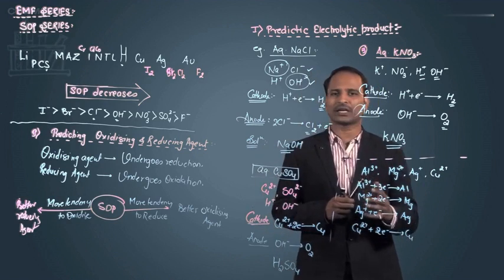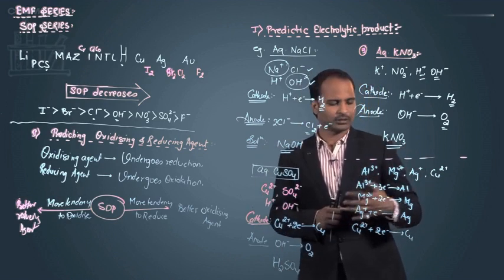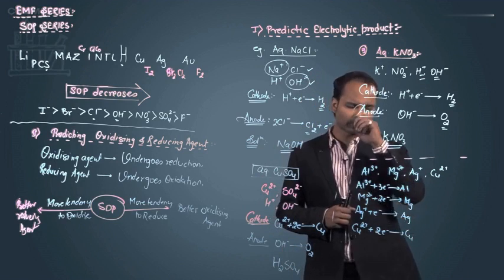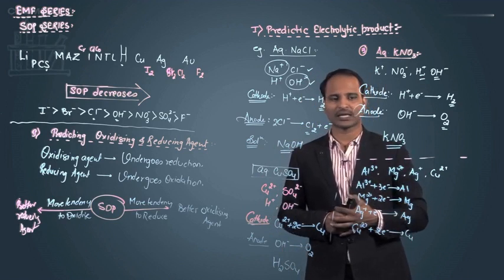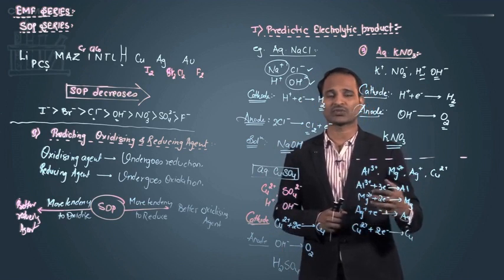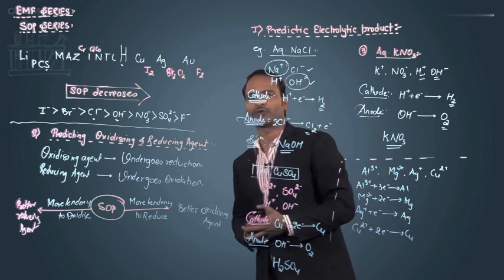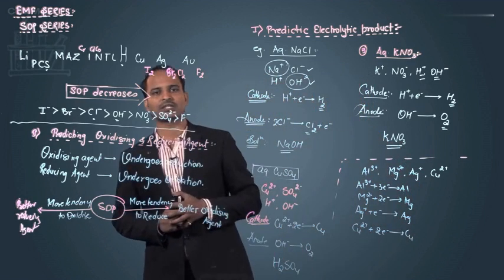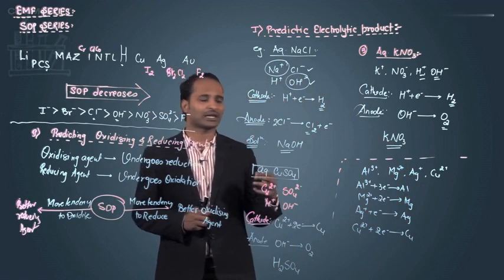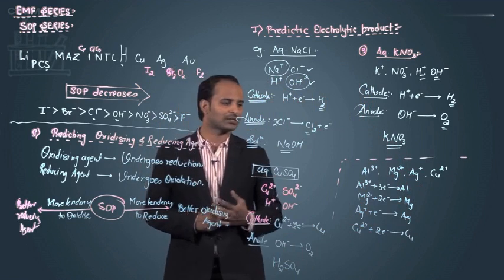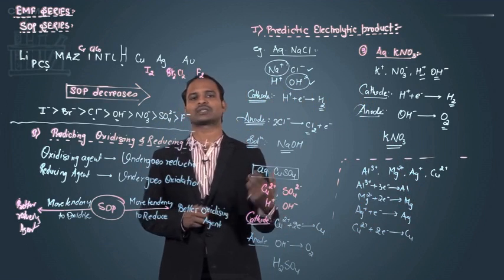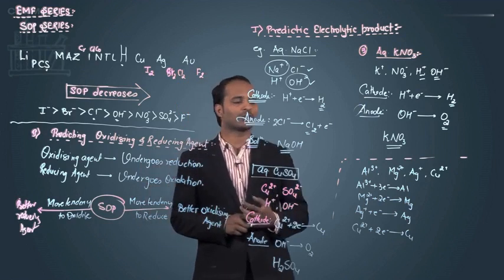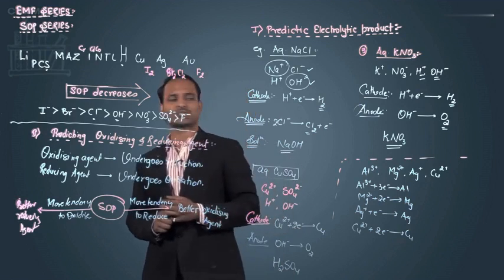They are all undergoing reduction, which means they are acting as oxidizing agents. So I just want to know which is the strongest oxidizing agent from all four. The strongest oxidizing agent will be the one which has the highest tendency to reduce.